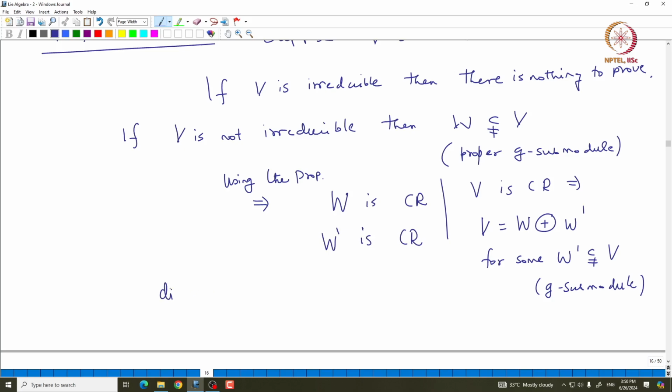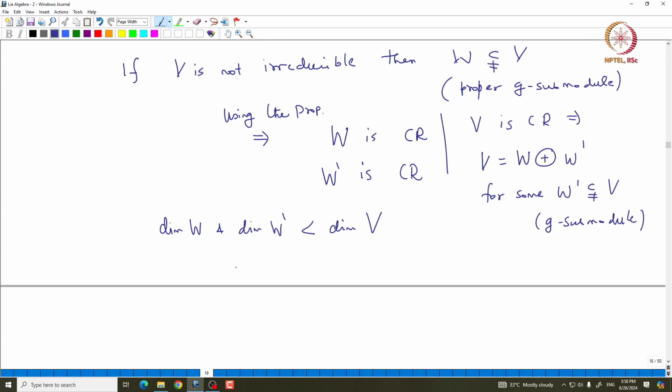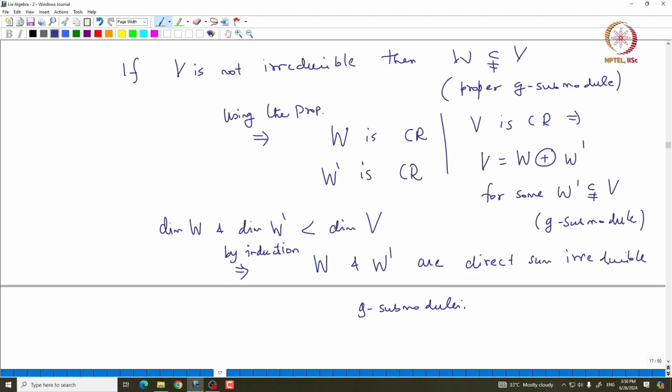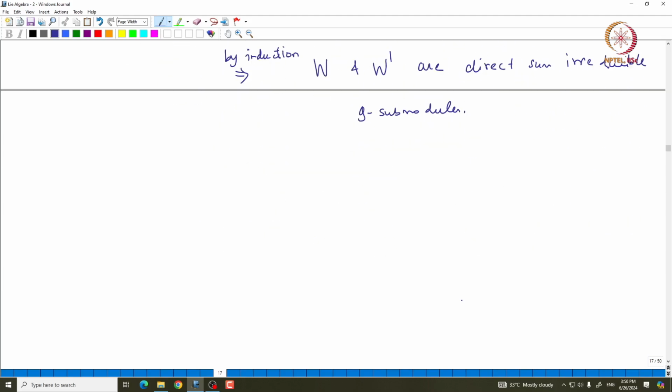So, now note that the dimension of W and the dimension of W dash are both smaller than the dimension of V, because both of them are proper submodules. So, that implies that by induction W and W dash are both direct sums of irreducible submodules.